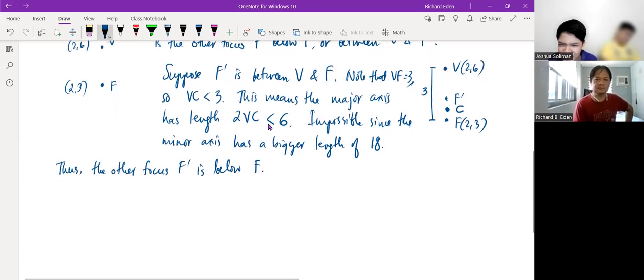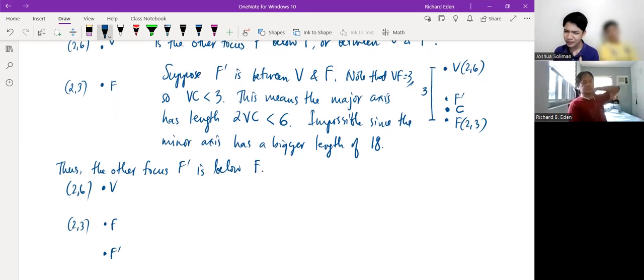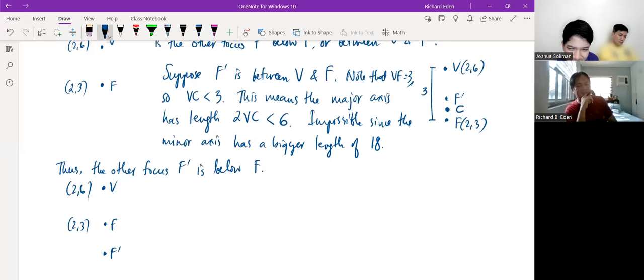Actually, we can determine, yes, because the major axis must be greater than 18, we can approximate the minimum distance required for F prime to be below F. However, that's only going to be an approximation.